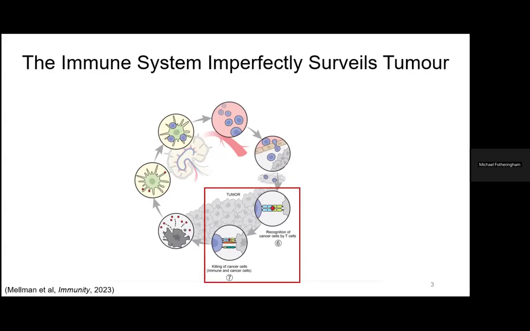Tumors, through evolution, have learned how to dupe the immune system into thinking it's not theirs, avoiding the recognition and thus avoiding the death.